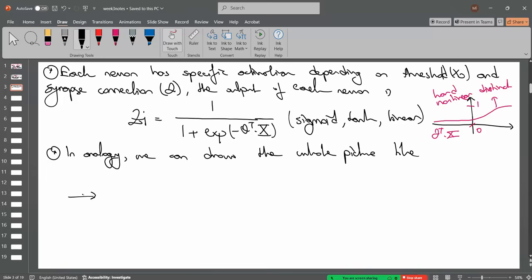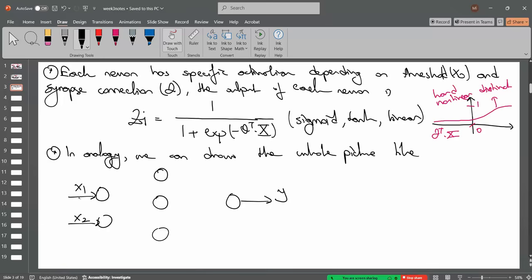We have the input values x1 and x2, and these are the input neurons, and also we have another neuron, and one other neuron here, just like this one. The total output is y.